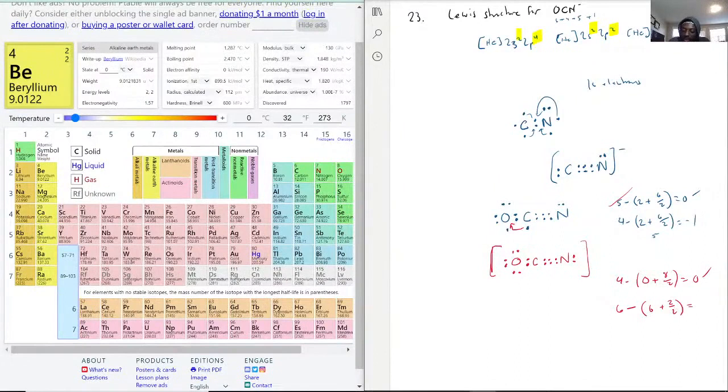That would be 7, so it'll be negative 1. And that's where that negative is on the oxygen. That's why this whole thing is negative. So that is the Lewis structure for OCN.